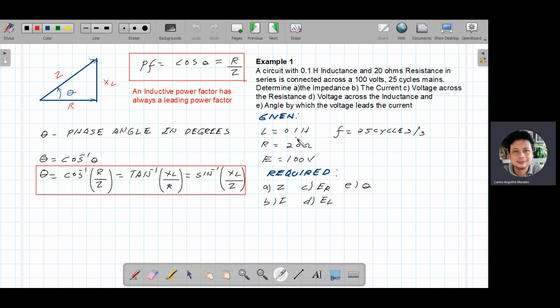So, yung inductance natin is 0.1 Henry as given. Resistance is 20 ohms and the voltage is 100 volts. Frequency is 25 cycles per second. Required yung impedance, yung current, yung voltage drop ng resistance, voltage drop ng inductance, tsaka phase angle.